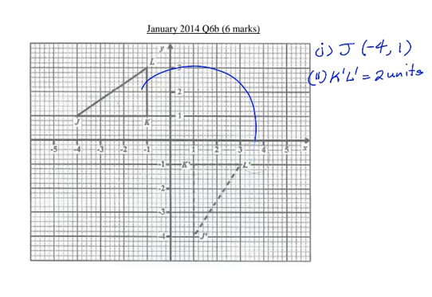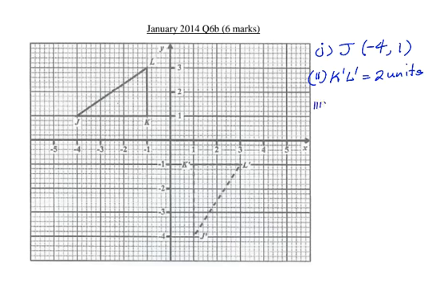It's not an enlargement. And so the only other transformation that remains is reflection. It's not a reflection in the y-axis. It's not a reflection in the x-axis. I'll tell you what it is, and then I'll show you.